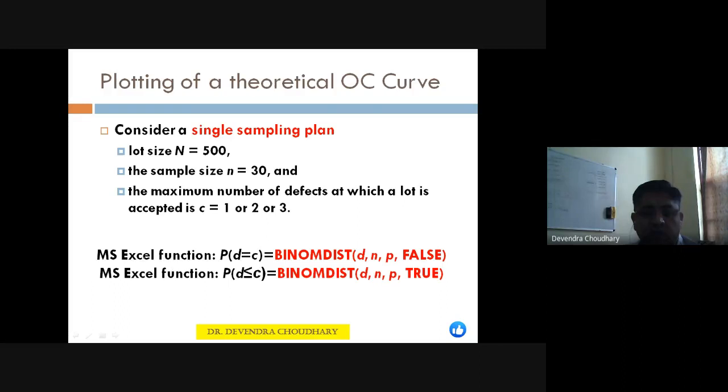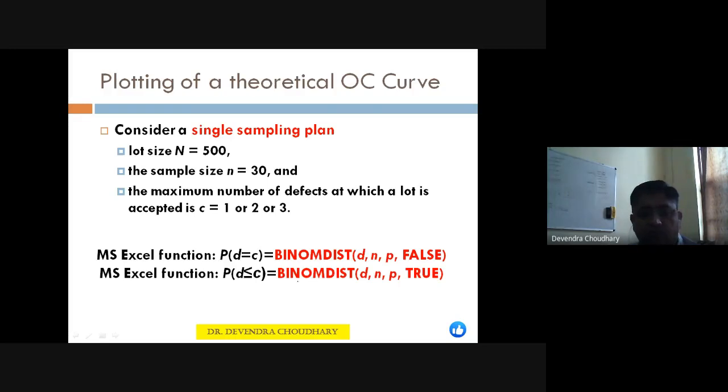Now in Microsoft Excel, we may use this function to determine the probability of having exactly C equal to 1 or 2 or 3 defectives.